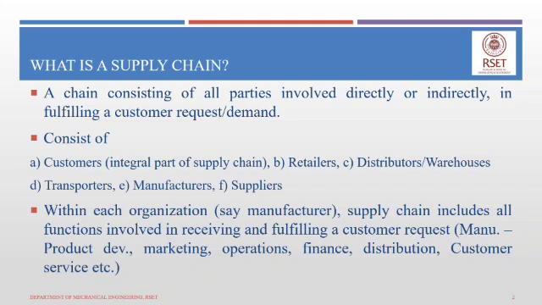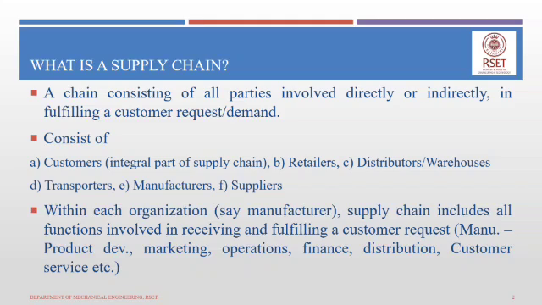So there are a sequence of activities involved in between placing an order for a particular product by a consumer and the receipt of the finished product by the consumer. And to fulfill all these sequence of activities, there are a large number of entities involved in this particular process.